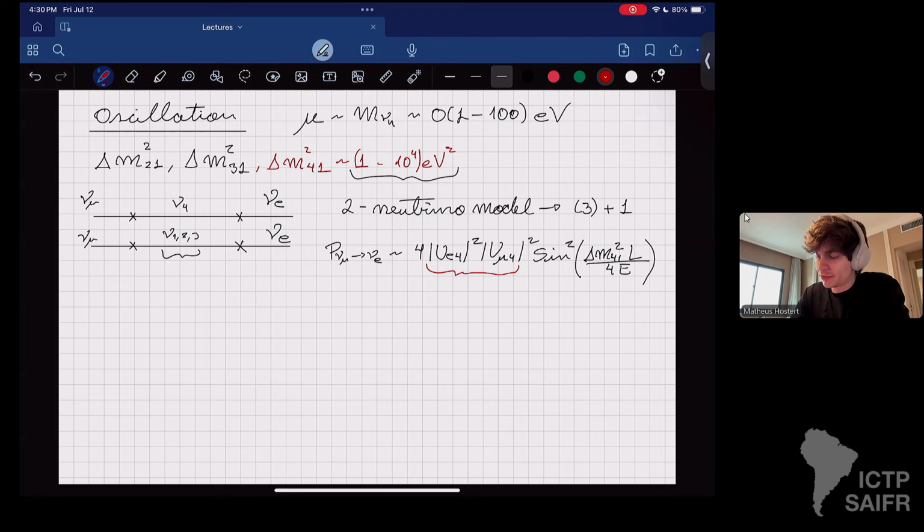They basically come from this first part, U mu 4 squared, and then there's another one here, UE4 squared. So that's easy to understand.